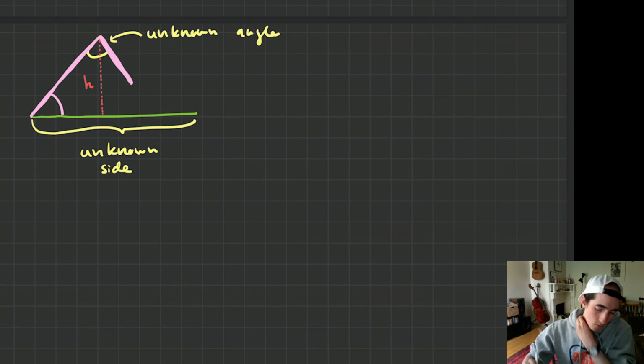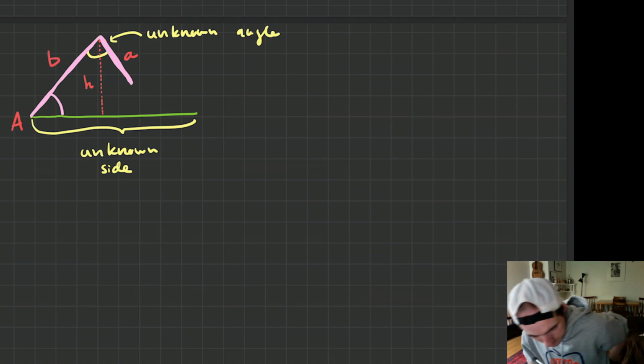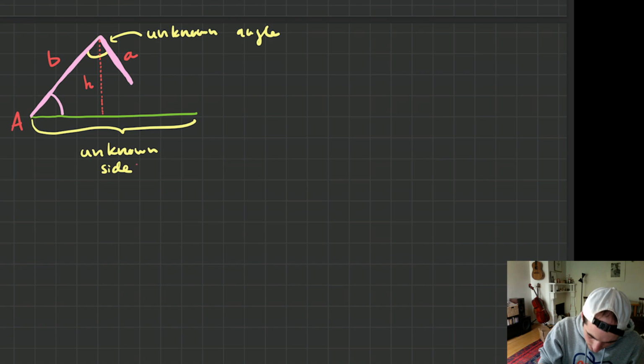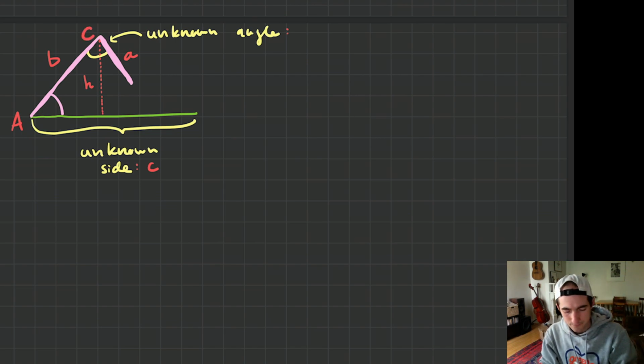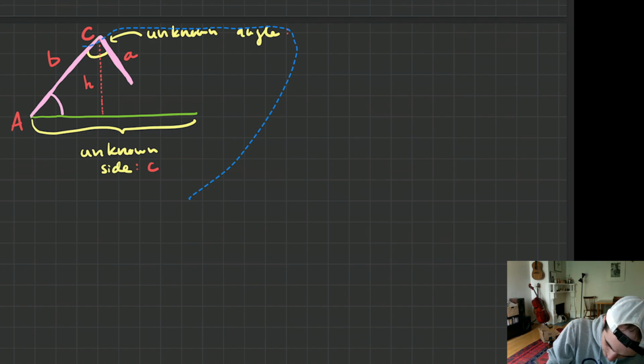What we're going to do is I'm going to call this angle A, which makes this side a, and then this side is going to be side b, and the unknown side, that is side c, which makes the unknown angle C. And that's a capital C. If you have any questions about this, go ahead and ask them now in the chat.